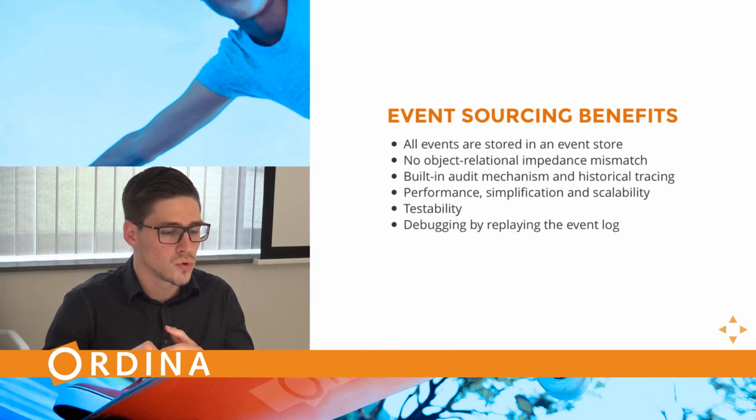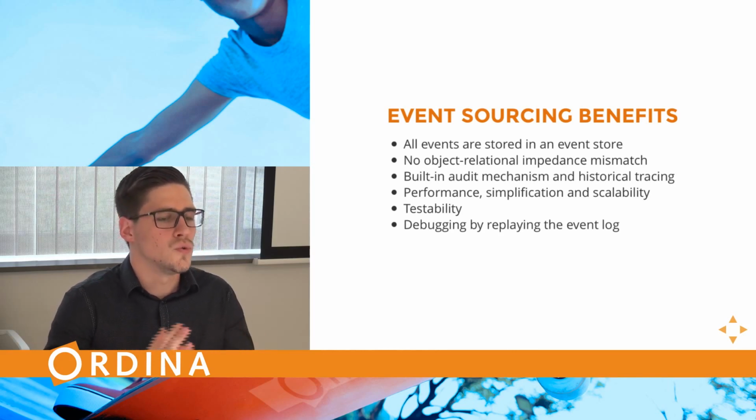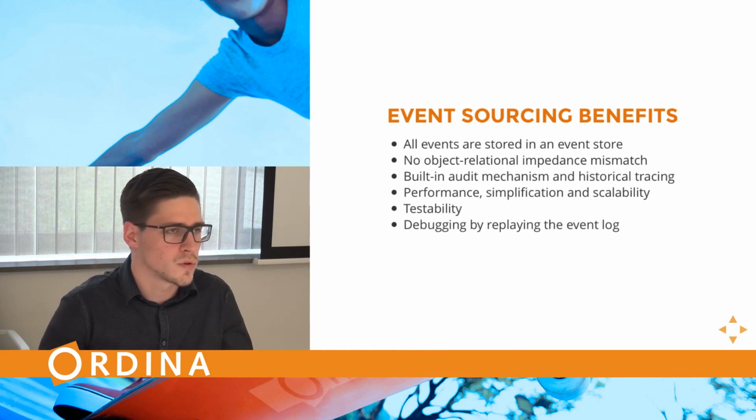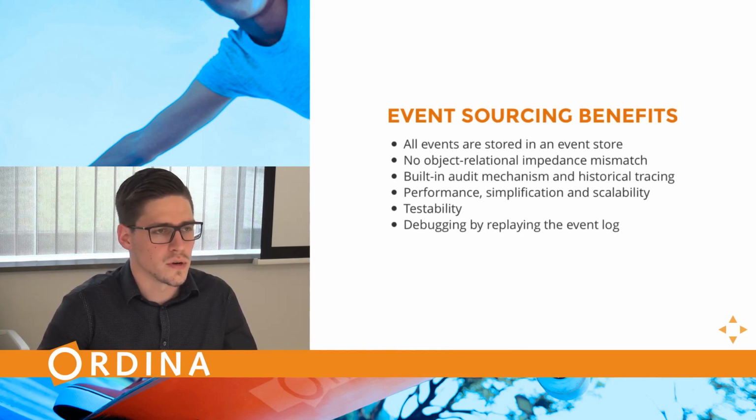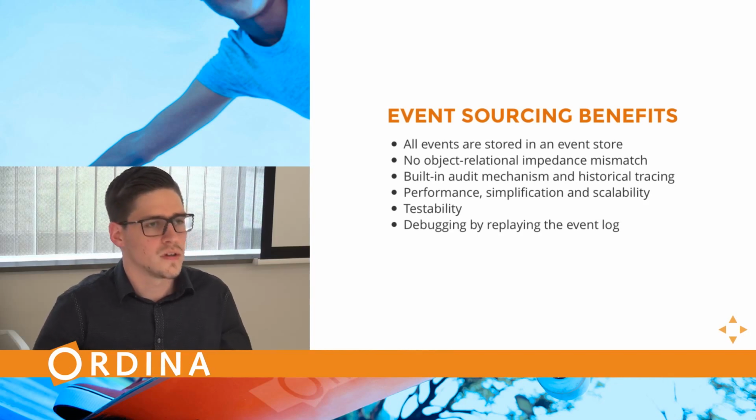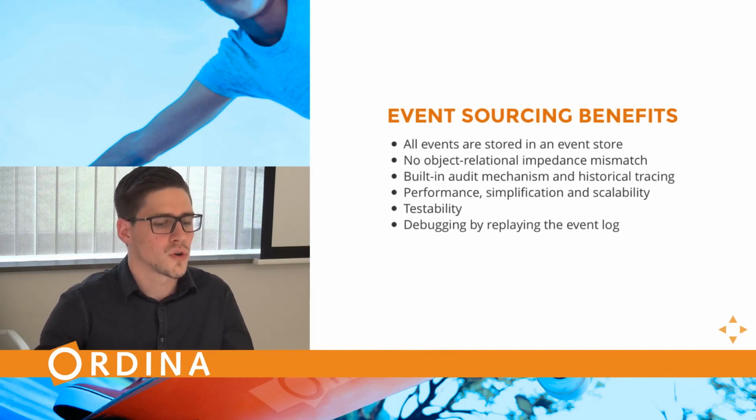It's also quite nice for testability. Imagine that you have an issue in production, something went wrong, and you're not really sure how the record in the database attained its current state.